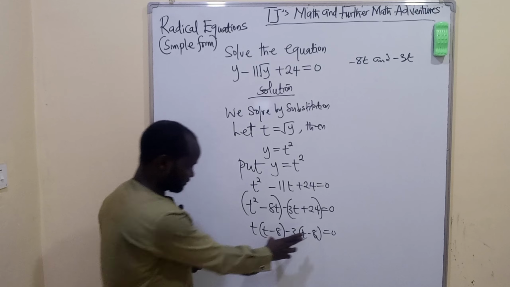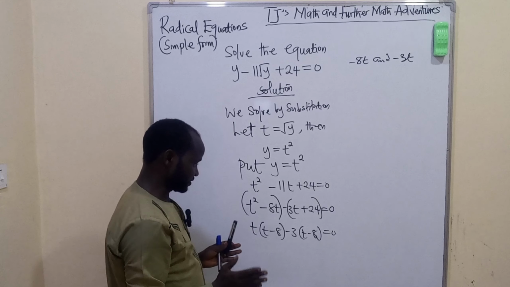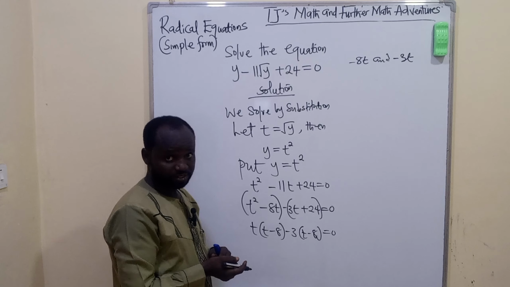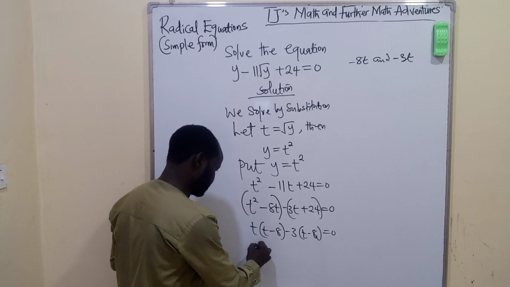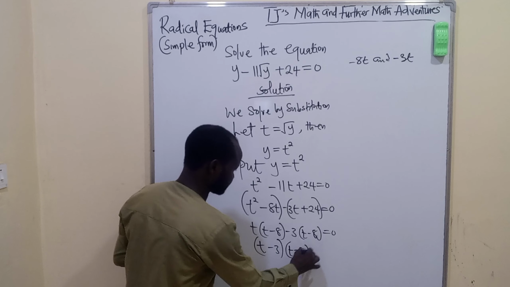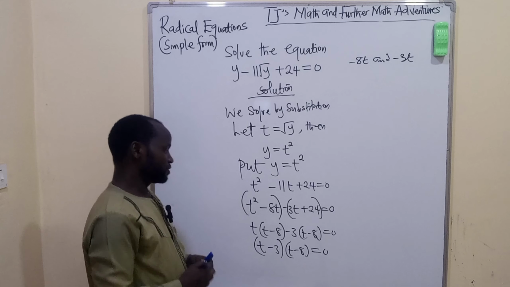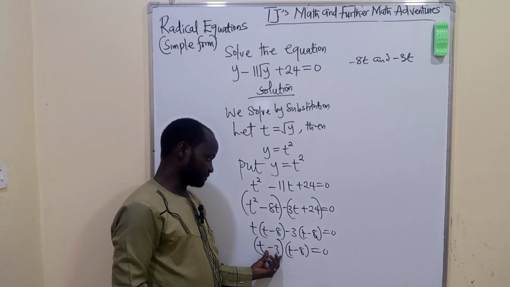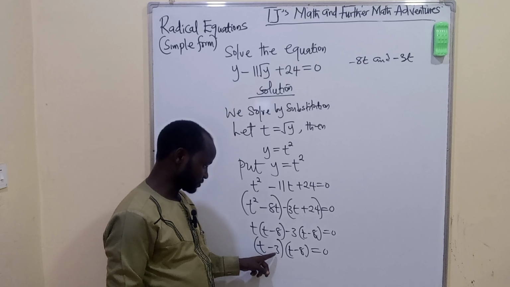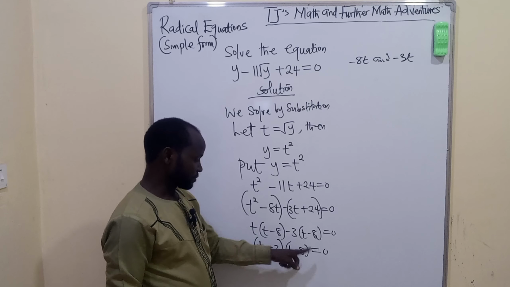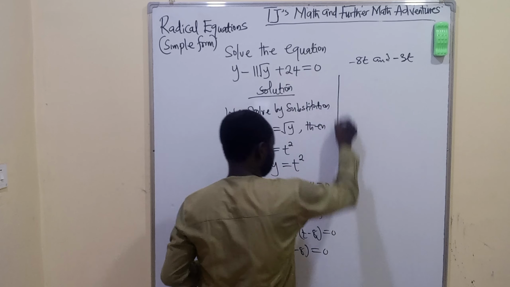You realize that what we have in the bracket are the same, t minus 8. So we pick what we have outside the bracket. This will be t minus 3 in bracket, then t minus 8 in bracket, equals 0. These two brackets equal to 0 means either of these is equal to 0. So either t minus 3 is equal to 0 or t minus 8 is equal to 0.